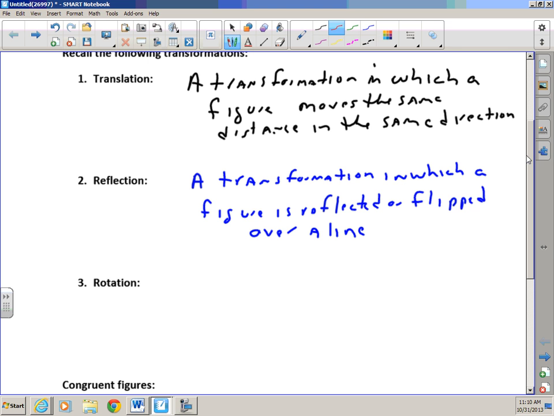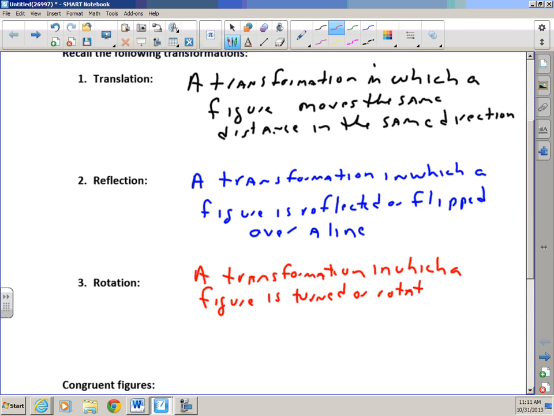And then lastly, a rotation is a transformation in which a figure is turned or rotated about a fixed point.